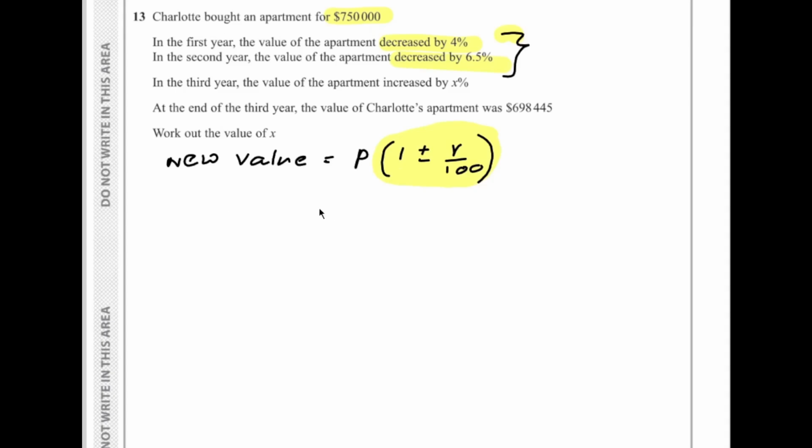So new value, it means after 2 years, the principal amount. Do we know the principal amount? Yes. Charlotte bought an apartment for 750,000. So initially this was the amount.